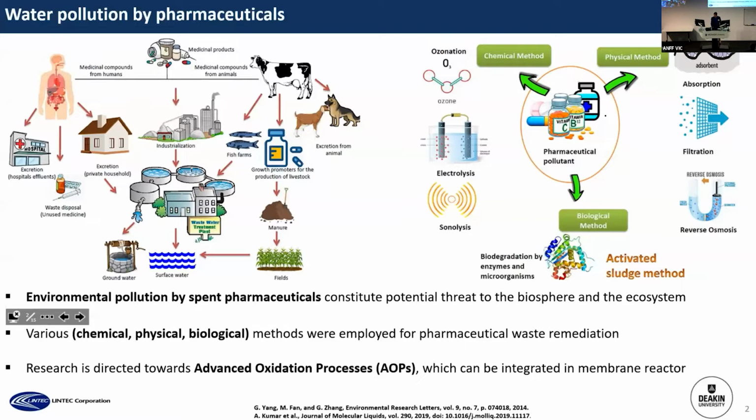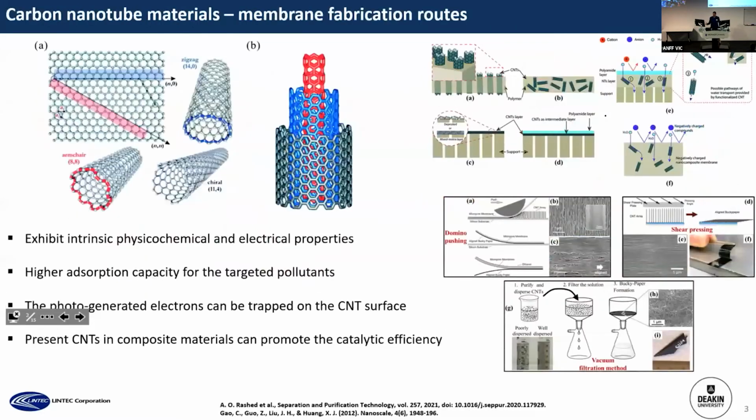And here comes the role of our carbon nanotube material, because it has very interesting properties, high aspect ratio and high absorption capacity, so it can promote the catalytic activity.